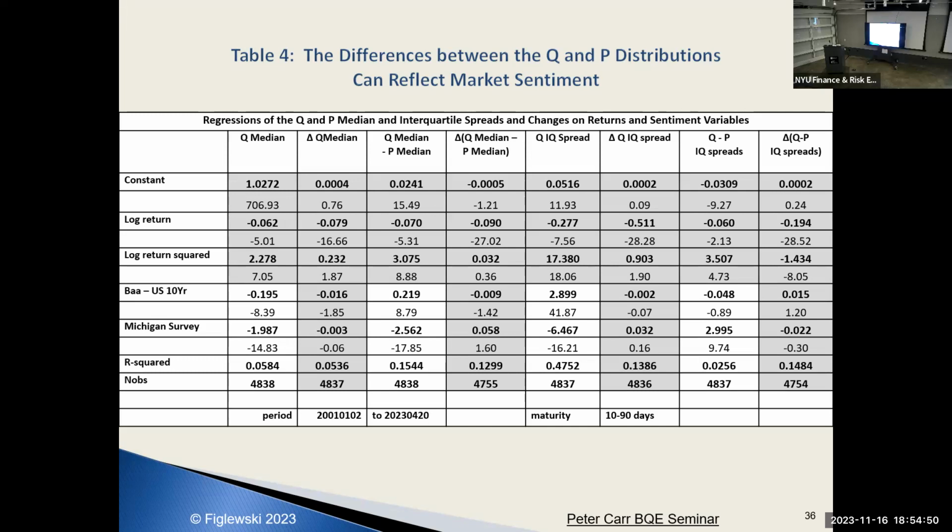Michigan survey. If the survey is high, that means people are confident, they like it. Q median is low. Why is that? If it's below average, then the Q median is high.